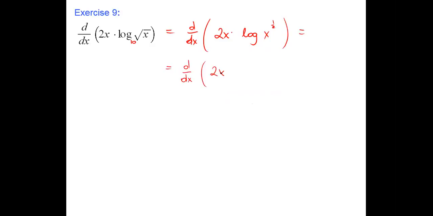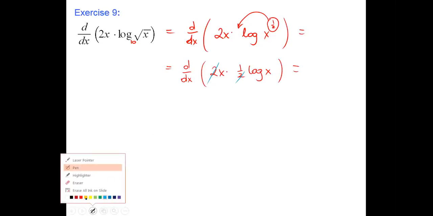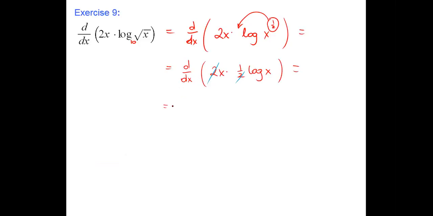The derivative, 2x, and the 1/2 I can put in front. We know that this can travel in front, and the 2 and 1/2 of course are gone. That means I have x log x. That means I simplified a little bit.